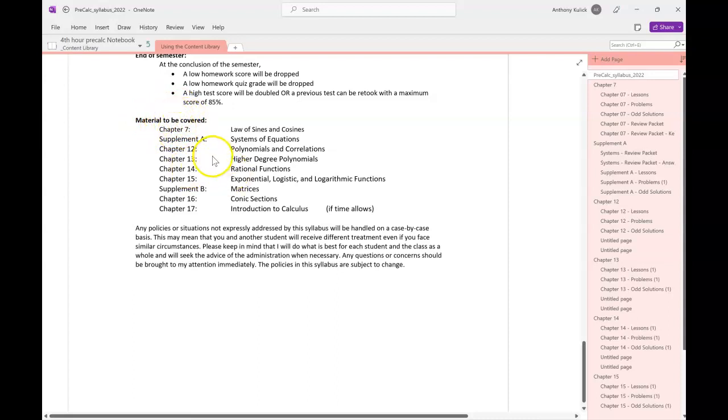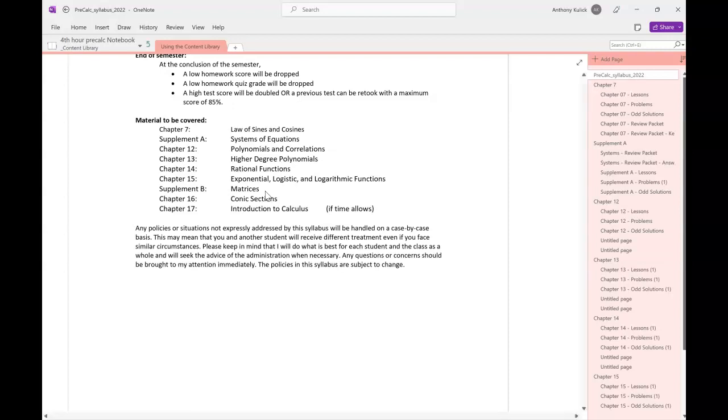So all of these are going to be review of things that you would have typically done in your Algebra 2 class. I know that wasn't the case for most of us. So we're going to go and fill in some of those Algebra 2 gaps here during this semester and talk about some of these ideas that you didn't spend a lot of time with or any time last year. Okay?